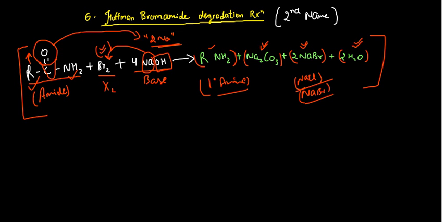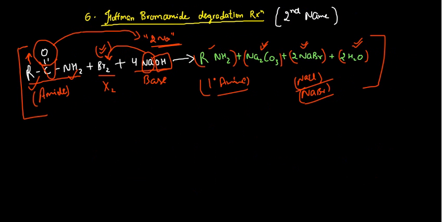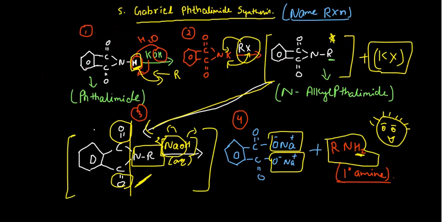So let me ask you a question here. Why was the previous reaction so complex? Hmm. Let me show you its glimpse again. This was the thing that we have just studied. Can you believe it? And this one is. So why is it so? Well, in the Gabriel Pethelmide synthesis, we have used benzene, and you can see so many bonds here.